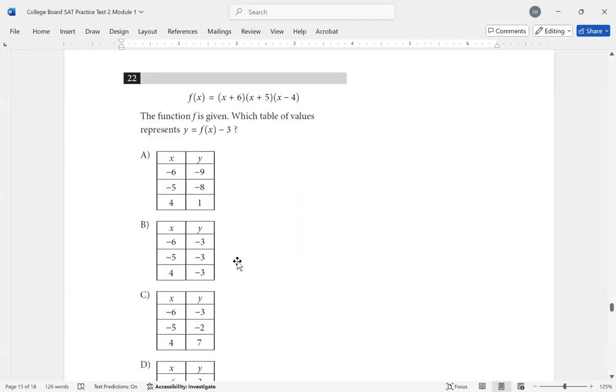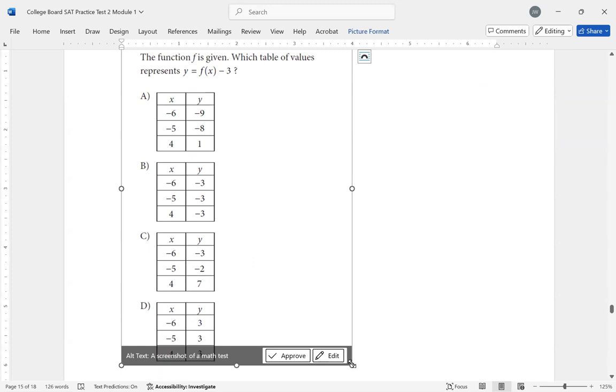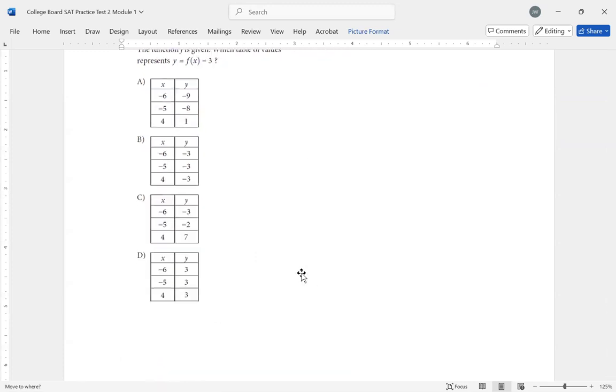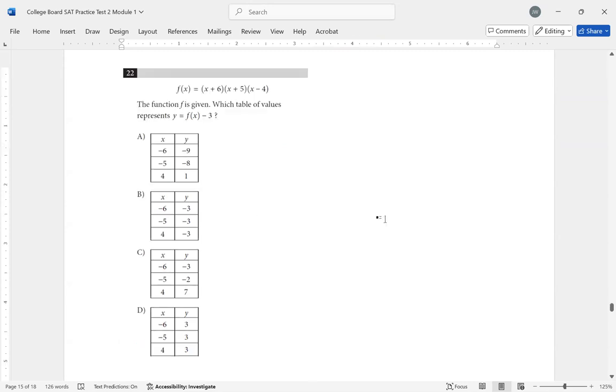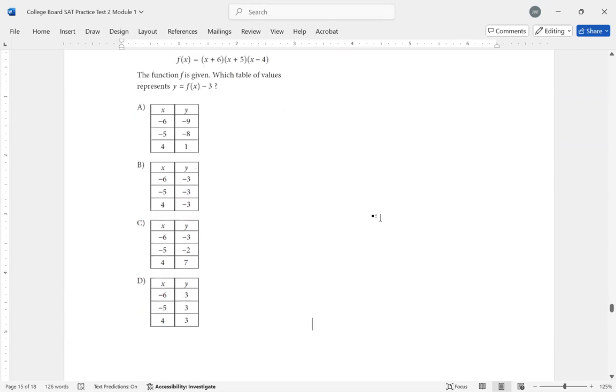Let's look at problem 22. Shrink this a little bit. It says the function f is given. Which table of values represents f of x minus 3? So if we do f of x minus 3, we got x plus 6 in parentheses times x plus 5 in parentheses times x minus 4 in parentheses.